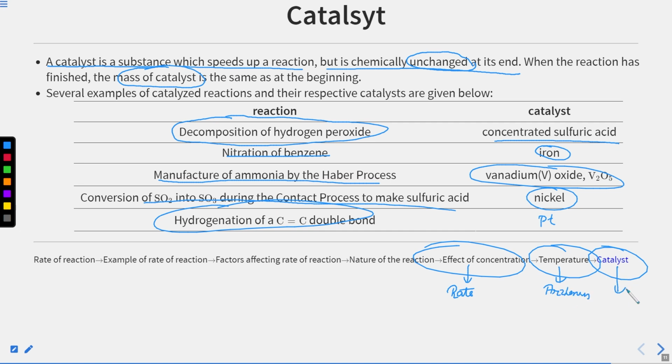And for catalyst, we will see Maxwell-Boltzmann. This Maxwell-Boltzmann is also applicable to temperature. I would say that the Arrhenius equation is a result of the Maxwell-Boltzmann distribution, right? So this was our effect of catalyst.